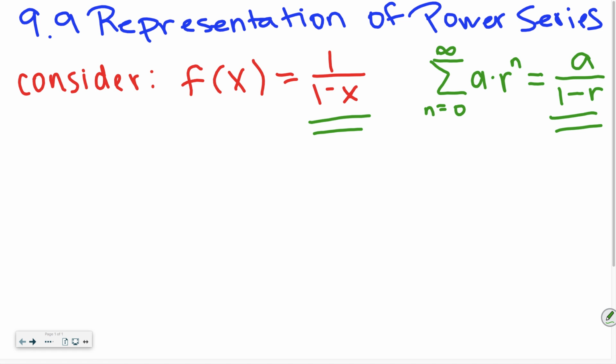So 1 over 1 minus x could be written as the sum from n equals 1 to infinity of a times r to the n. What would a be in this case? 1. And what would r be? x.